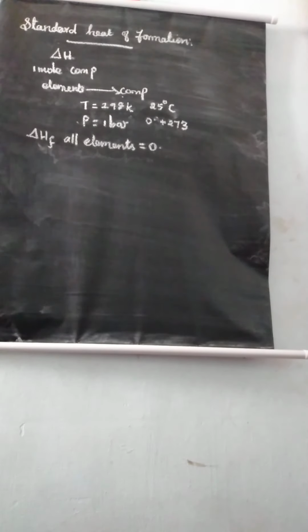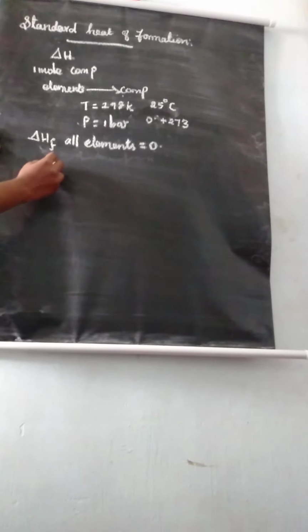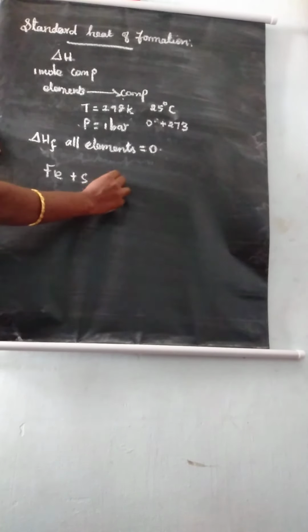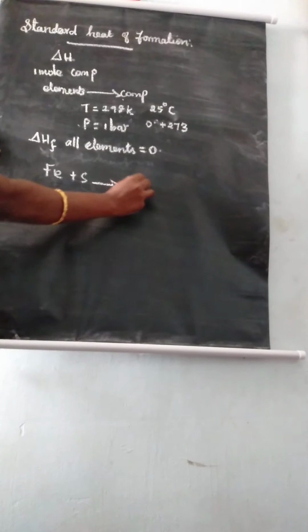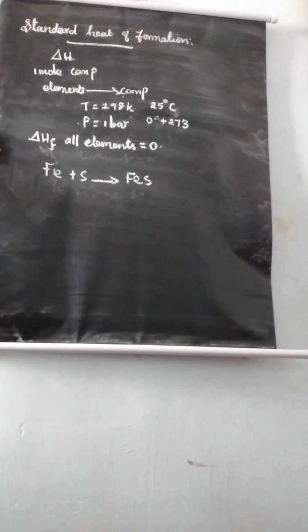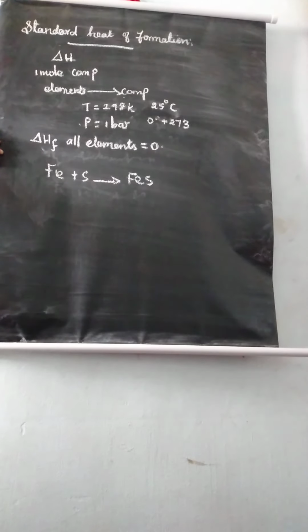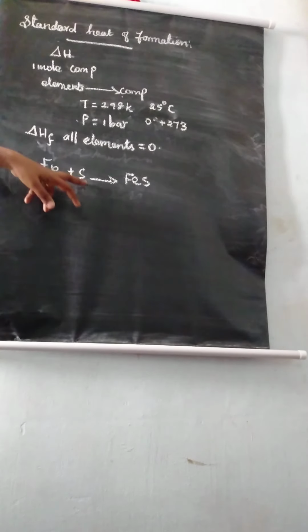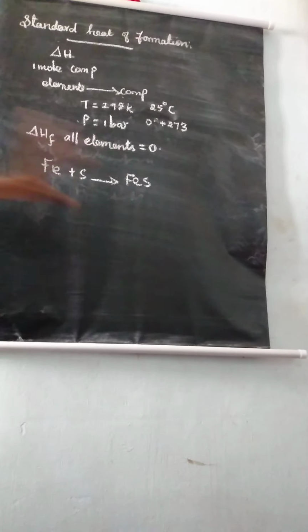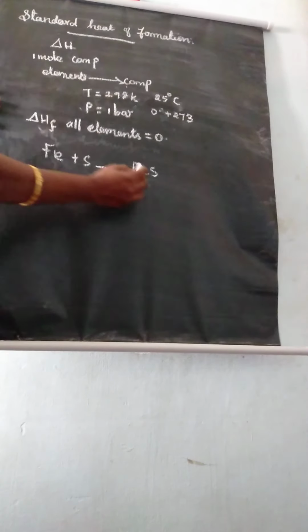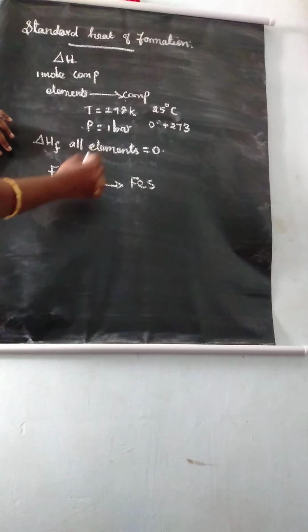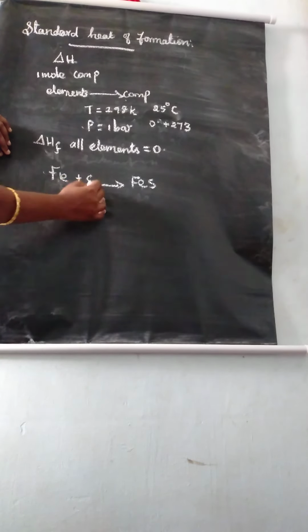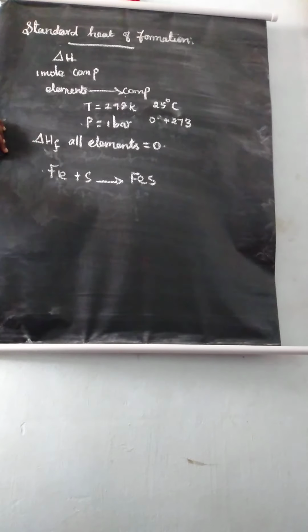Now we consider some examples. Two elements, iron and sulfur, mixed to form iron sulfide. Here this is the definition: 1 mole of compound formed from its elements. So iron sulfide is formed from its elements iron and sulfur.